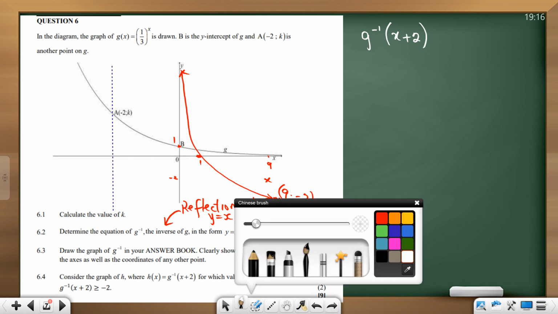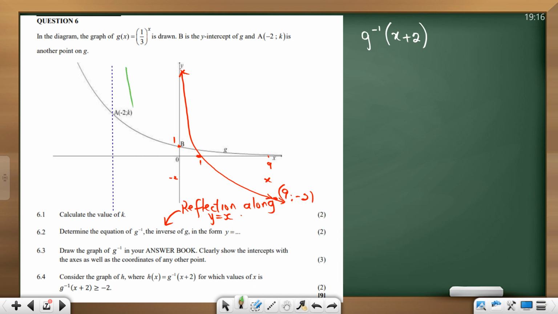That means my new graph then looks like this. Graph is not like this. Now we want this graph to be above.